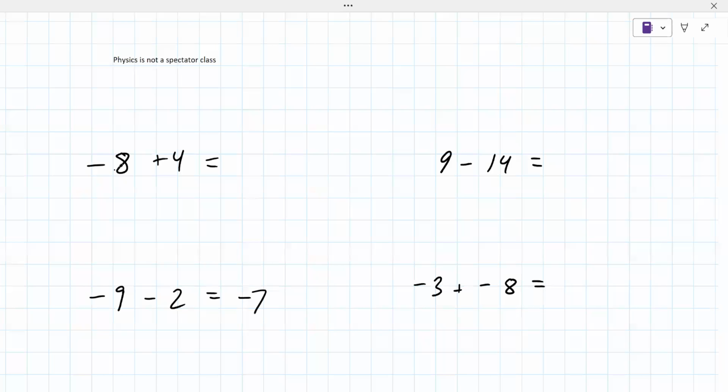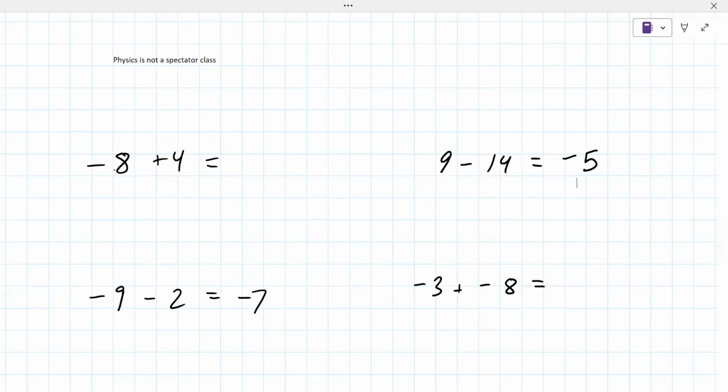And then 9 minus 14 should be like negative 5.